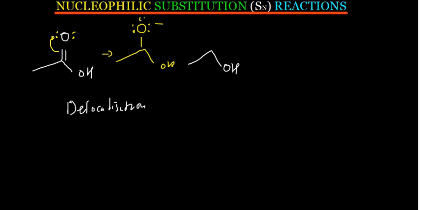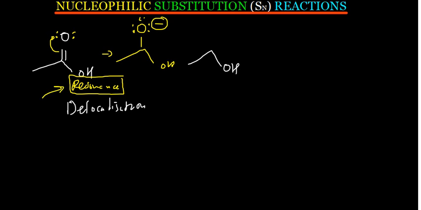Because acids are able to form resonance structures, when you are able to draw more than one structure for the same compound, that is resonance. So that is delocalization. Because of delocalization as seen by resonance structures, any possible resonance structure that you are able to see, the negative charge is going to be shared not only by one structure but by different structures.